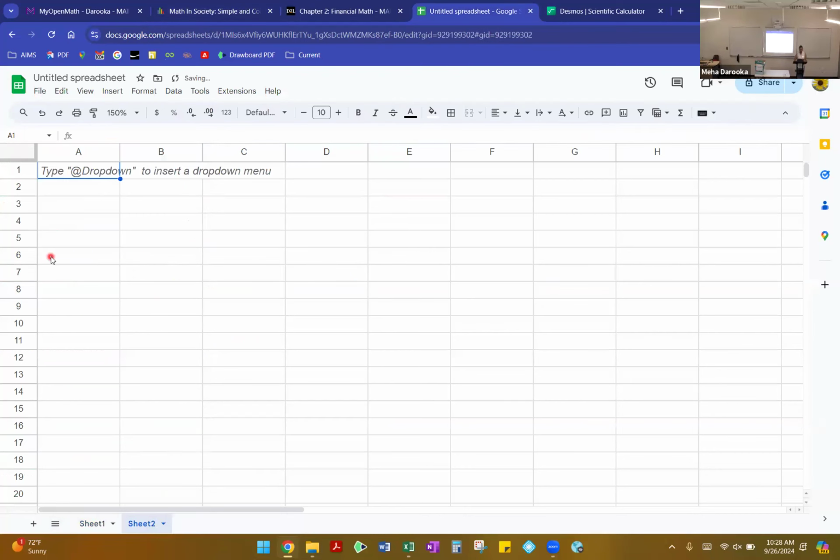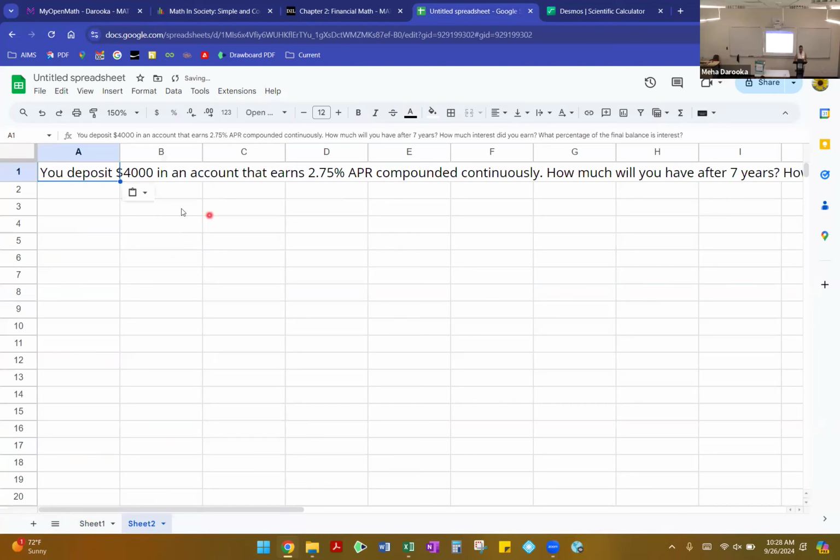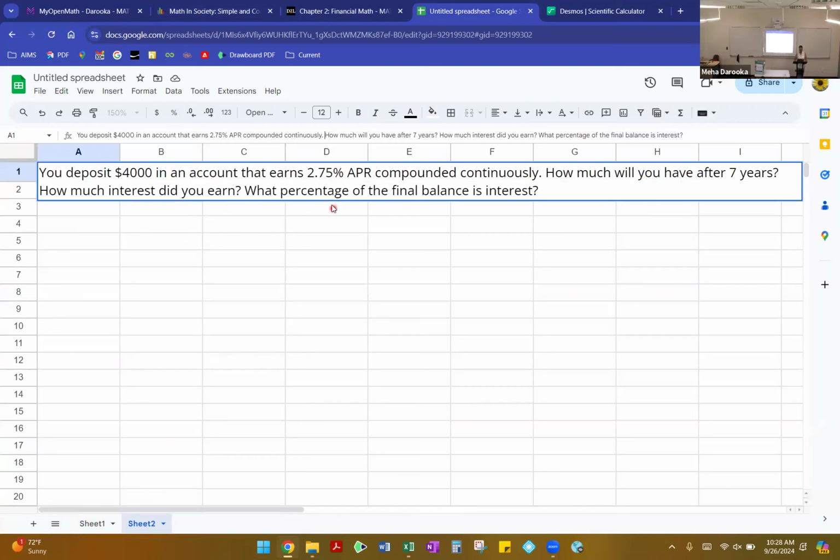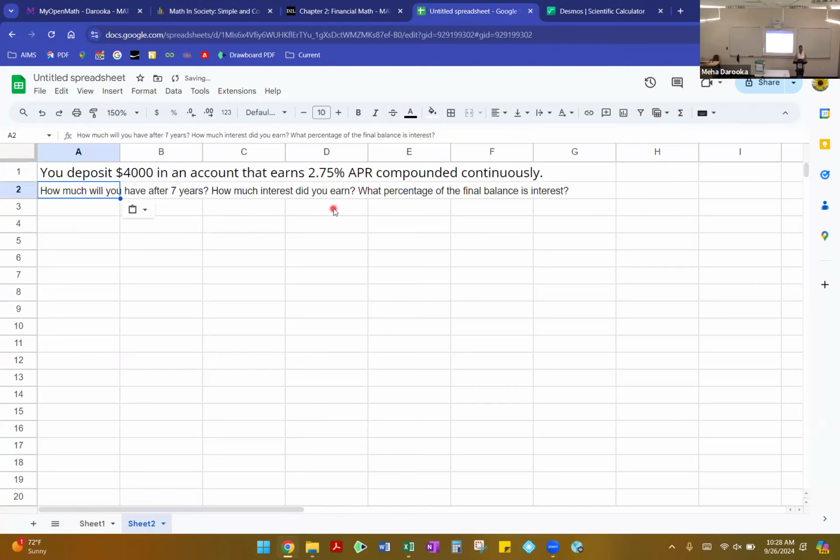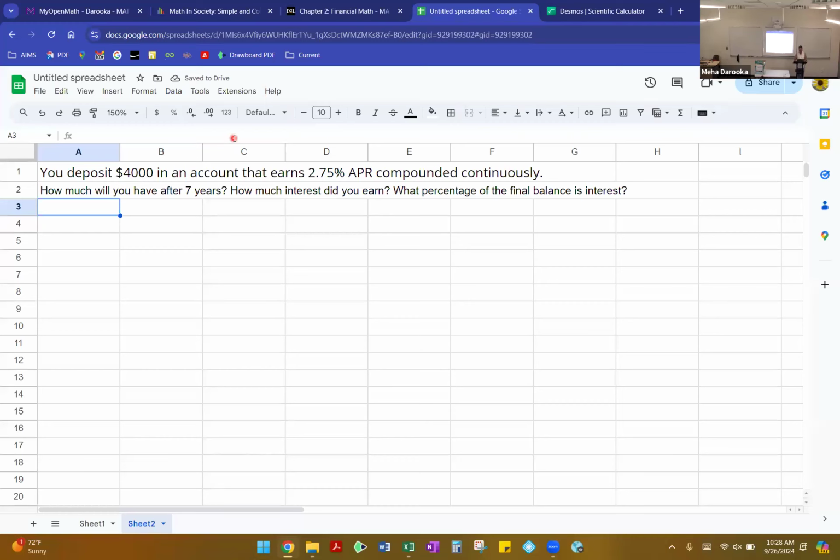And I'm actually gonna do this on a... Okay, so we should be able to see that. So remember, we're talking about depositing $4,000, but that makes it the P value, right?